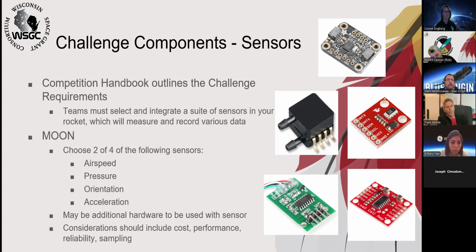The sensors should be very similar to Mars. The only one we don't have is the deflection sensor. So you'll be able to choose from airspeed, pressure, orientation, and acceleration. You might have additional hardware that you'll need to include.